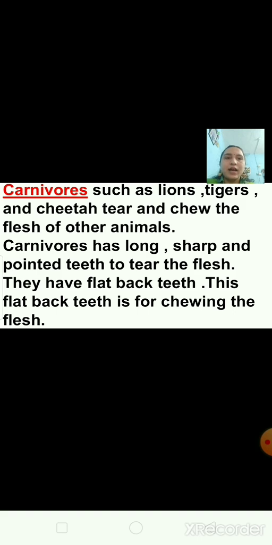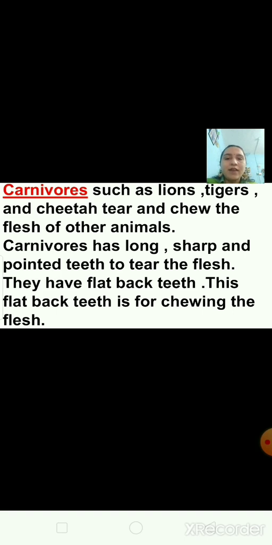They have flat back teeth and these flat back teeth help them in chewing the flesh, right? Carnivores such as lions, tigers and cheetah tear and chew the flesh of other animals.